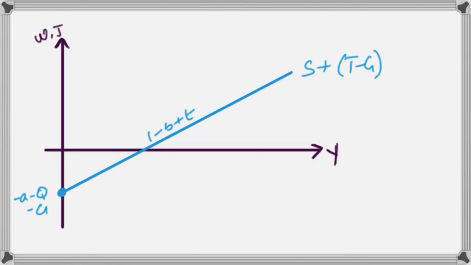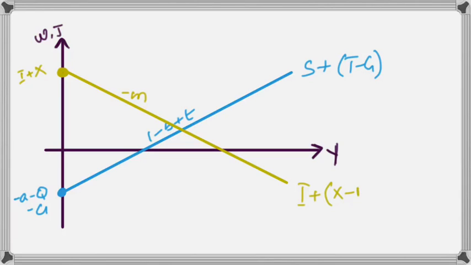And now, on the other side, the vertical intercept for national asset formation is I plus X. And if I sketch this curve downwards, the gradient being minus m, this over here will be I plus X minus M. So the equilibrium income will be at the intersection of the two curves. Here we get the equilibrium income.